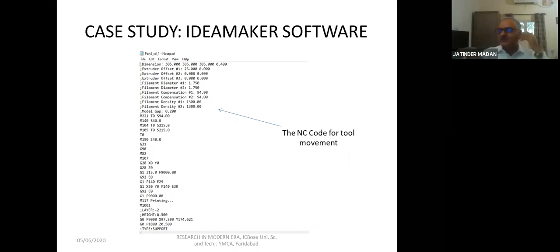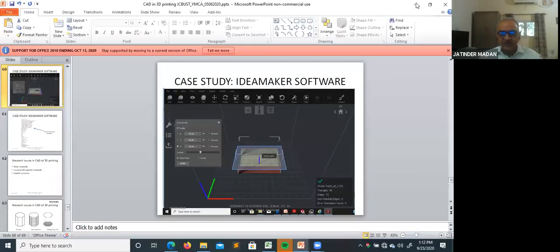Nozzle, just imagine that as a CNC milling tool, and it is going layer by layer somewhere and depositing the material. The information here is nothing but in the form of G-code format. So I hope you have already gone through the NC programming and you are aware of it. Okay, so this is nothing but the directions to the tool to go to particular locations, so that the material can be deposited.